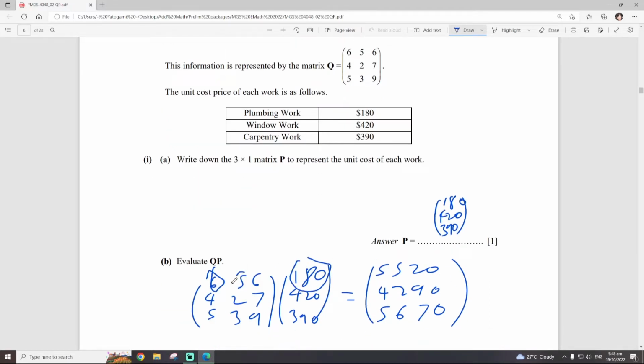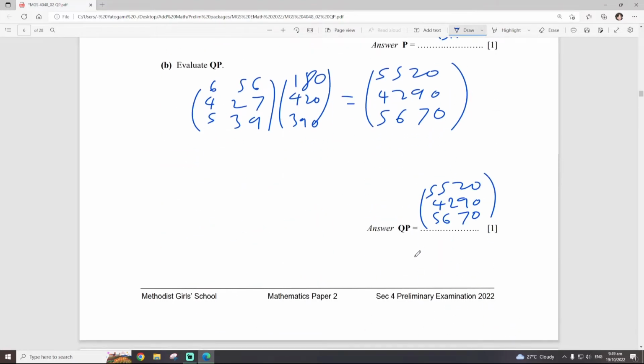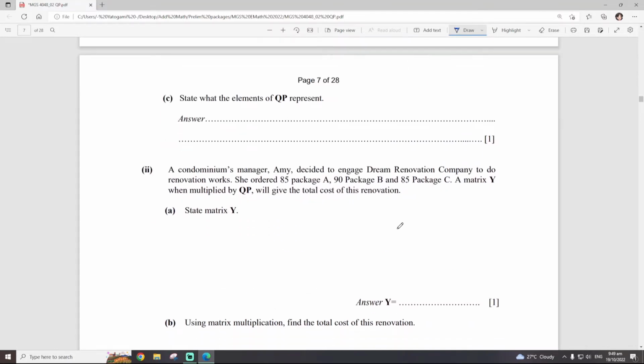I take the window work here, I multiply it by the unit price, and I do this for all of the rows. Okay, so it will be the total cost from all the work in package A, B, and C respectively.